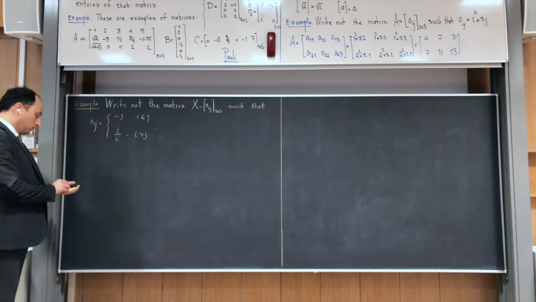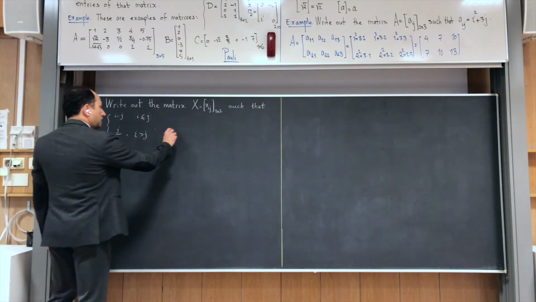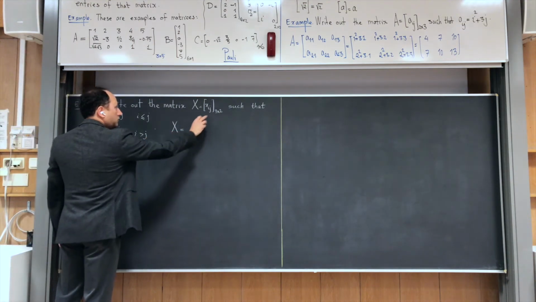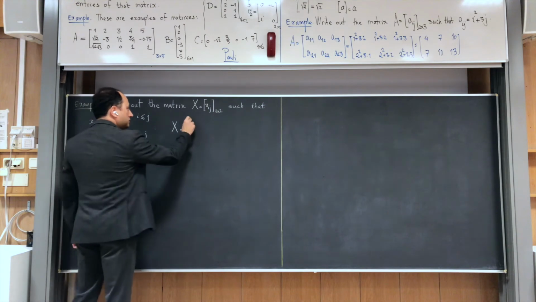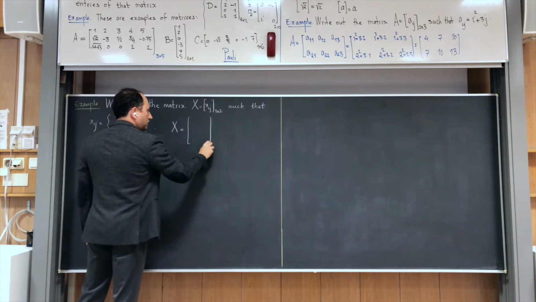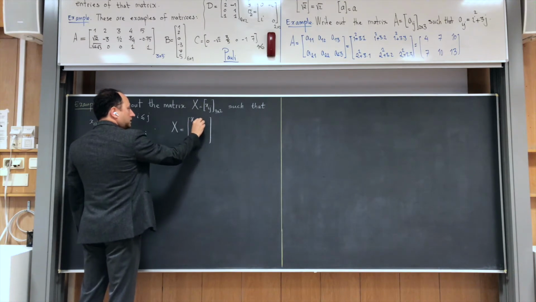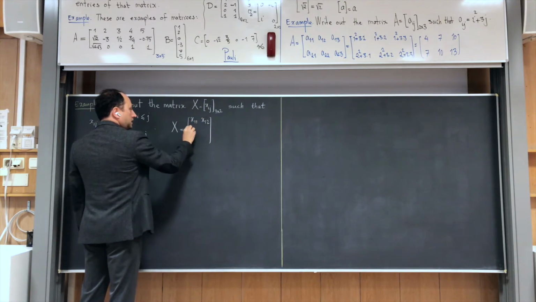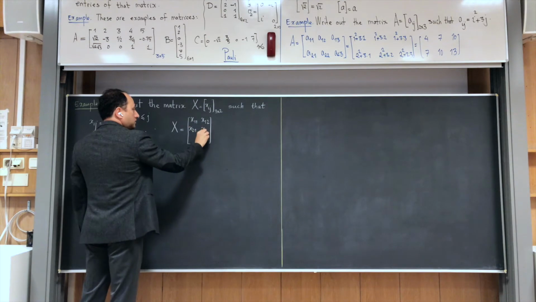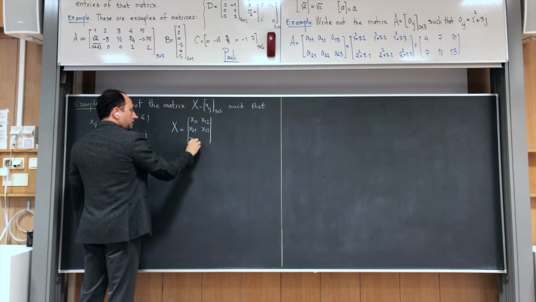Yes, so what can I do? I can just simply write the capital X is equal, because this is a 3 by 2 matrix, so it contains 3 rows and 2 columns. So the generic form of that is x11, x12, the next one x21, x22, x31, and x32.